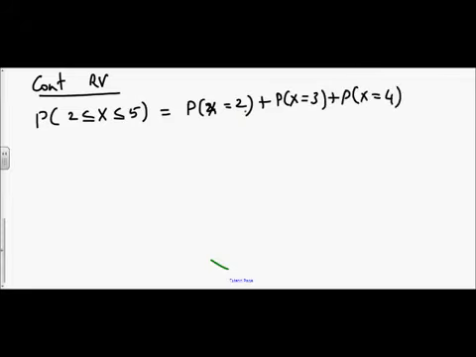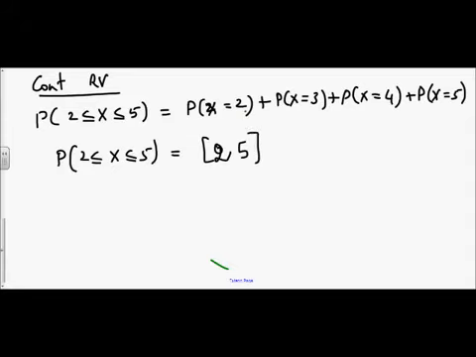You can see that the numbers in between the integers will not be considered in discrete random variable, while in continuous random variable, if I say 2 less than or equal to x less than or equal to 5, this means all the numbers in the interval 2, 5. That is the value that x can take.